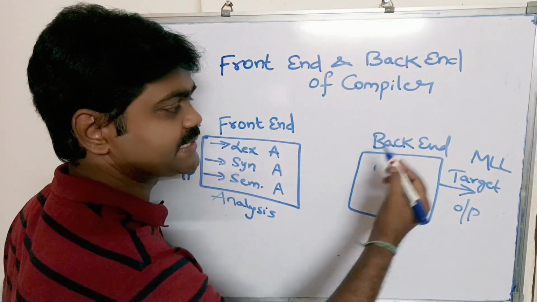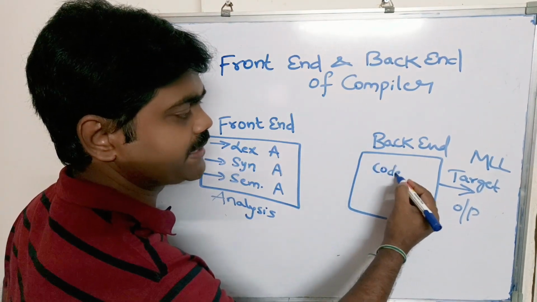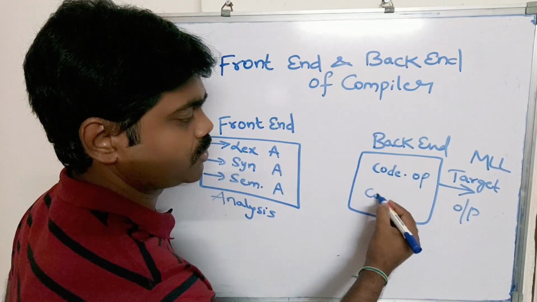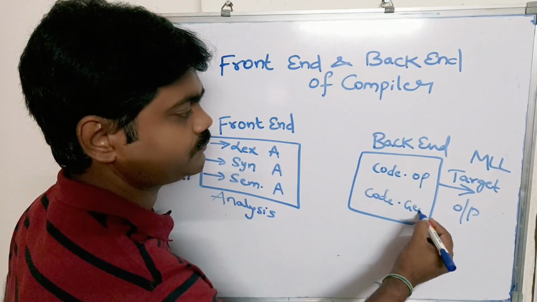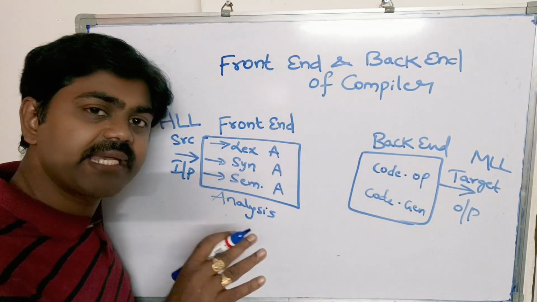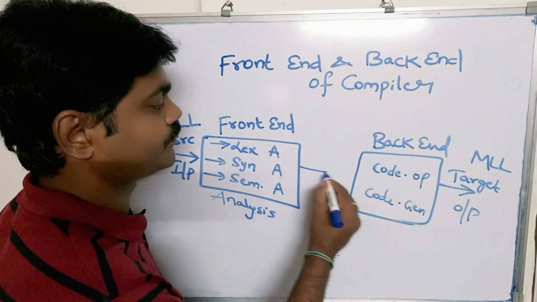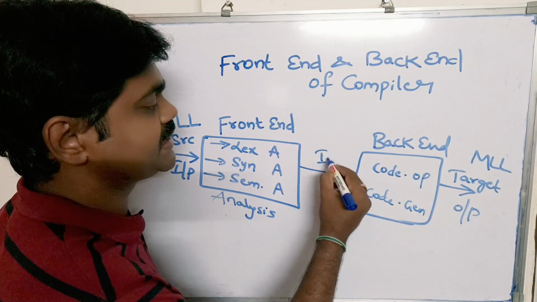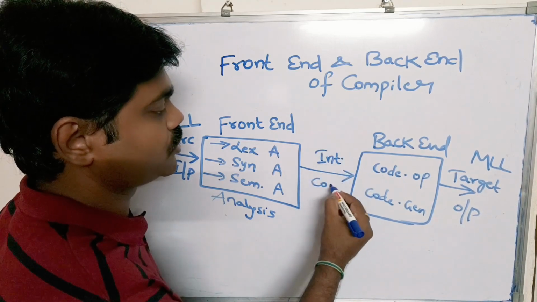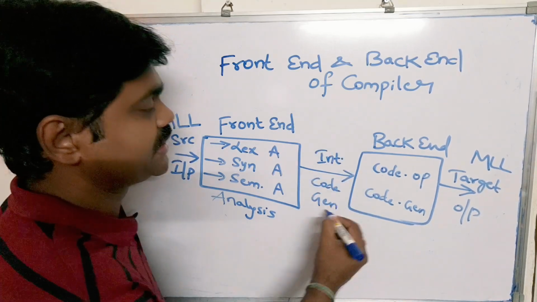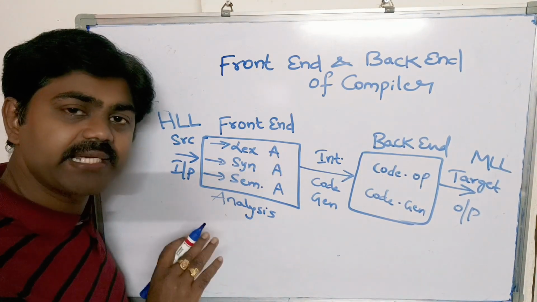This back end contains the last two: code optimization and code generation. Between this front end and back end, we have intermediate code generation. So this is called the front end and back end of a compiler.